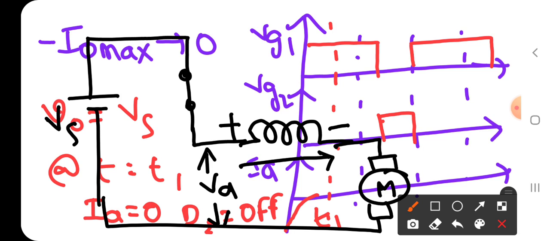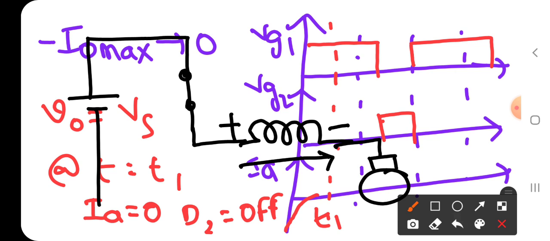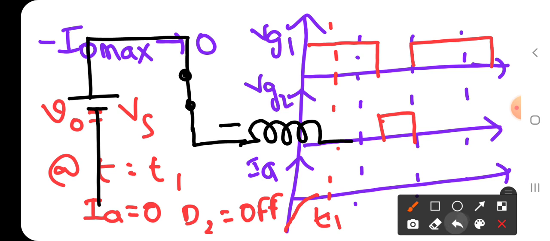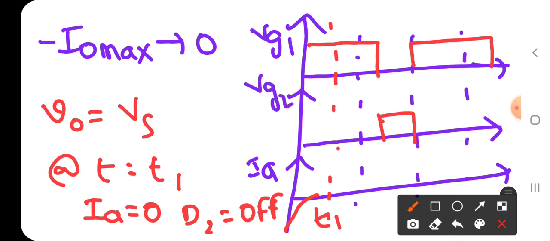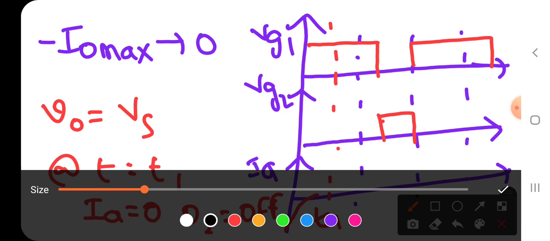Now what happened at the end of this mode? At the end of mode 1, IA is maximum, that is the inductor stores maximum energy and is ready to discharge its energy in the forward direction. Now you draw the output current here.